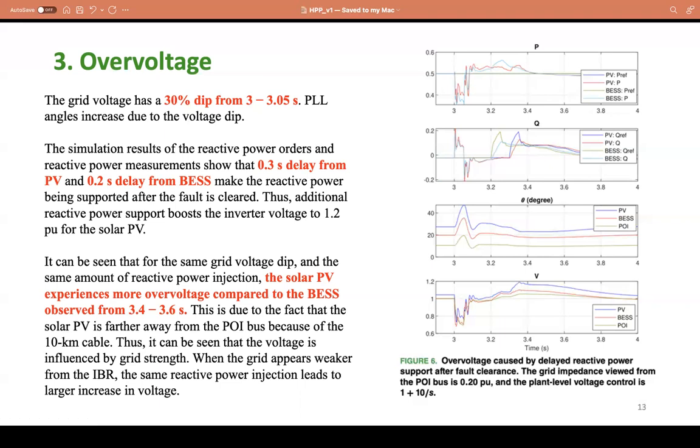Then it may cause over voltage tripping. So this is an example showing that since the voltage dip, the delay to push more reactive power, but already after the fault has been cleared, can cause this type of issue. So it's just like 0.2, then this will happen.